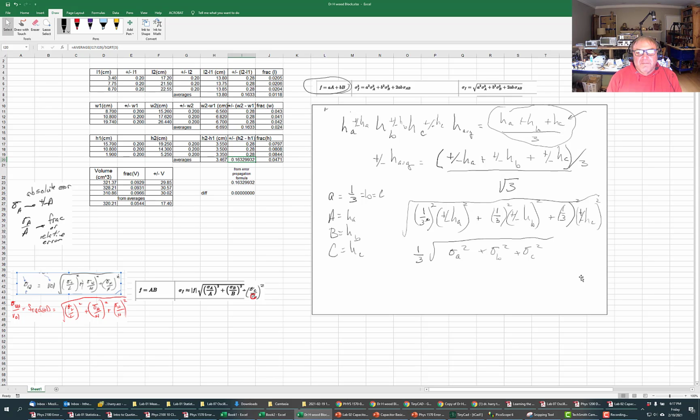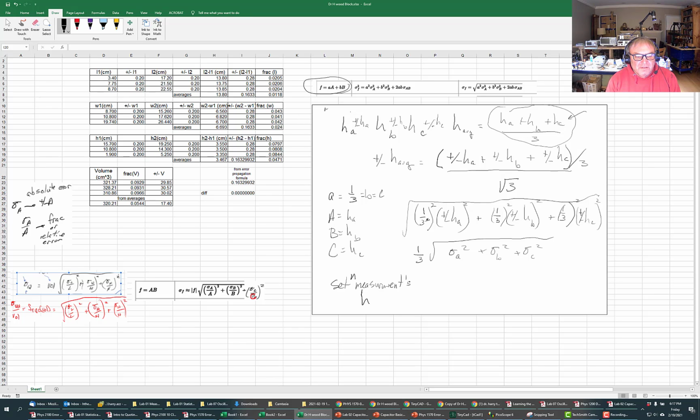But this is the general rule: if you want to average a set of measurements, in this case H, and let's say we have a set of n measurements.